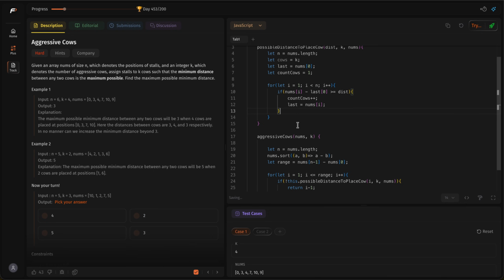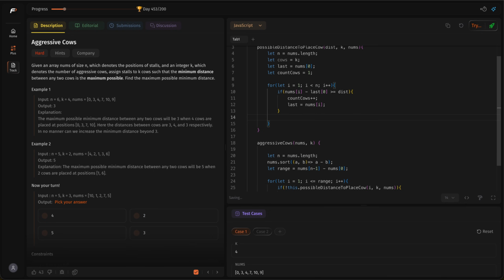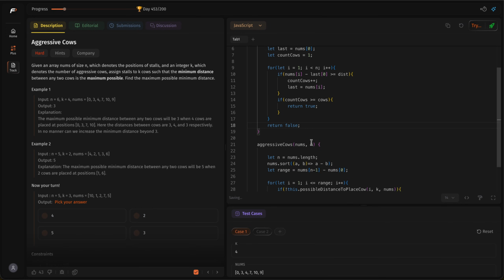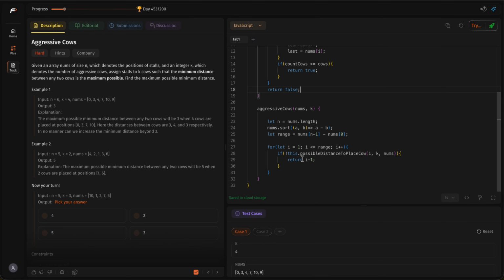Okay, I update it like this, and after that I will check if the count of cows is greater than or equal to the cows which I am carrying over here. In that case, if it's greater, return true. If that's not the case, then return false.